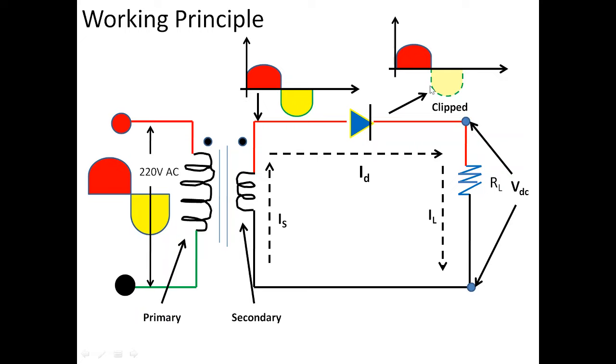Hence we can say that the input negative half has been clipped or rectified by the diode. Since the circuit only rectifies the positive cycle, we will call it a single phase positive half-wave rectifier.